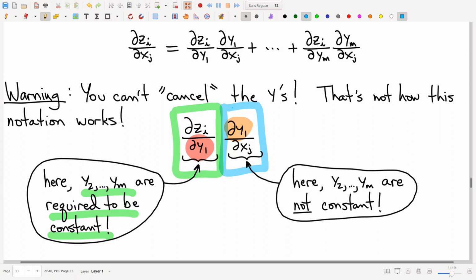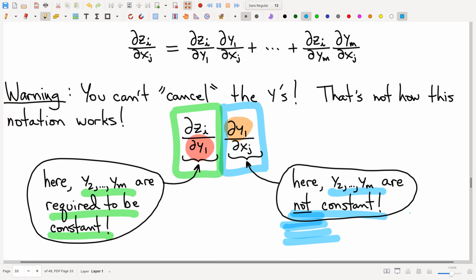Okay, that means I've got to hold all the x variables constant except for just xj. But here's the thing. If xj is changing, that xj changing will cause all of the y variables to change. Right? If you change the inputs, the outputs are going to change too. So in this story, the y variables are not constant.